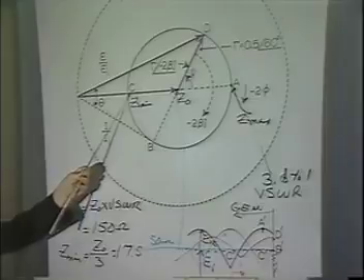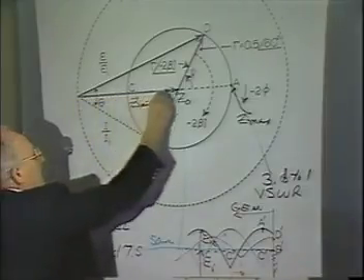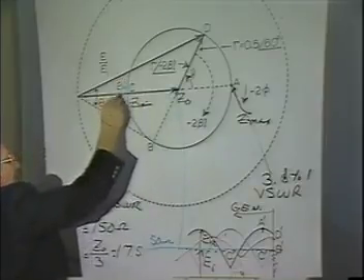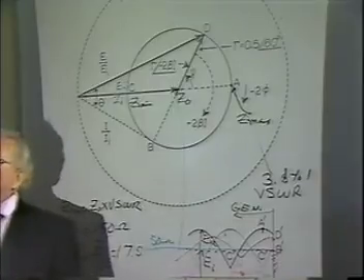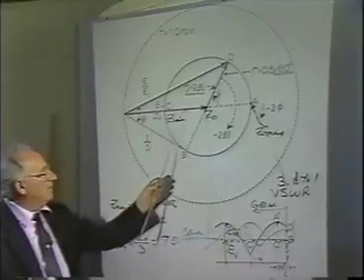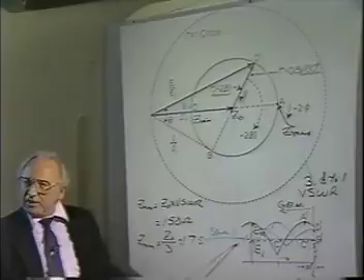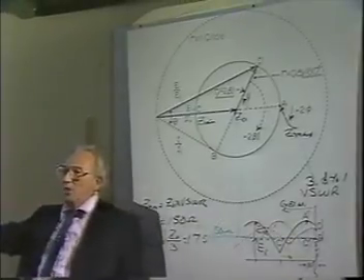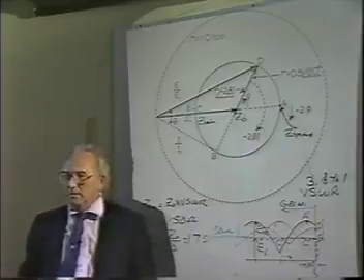Because I only have an instant voltage and an instant current, right here, E sub I and I sub I, both in phase, traveling down this line at the speed of light. And I do not have any reflected wave because I terminated the transmission line in 50 ohms. There is no standing wave. No matter where I move a probe along the electric field, I get no standing waves.